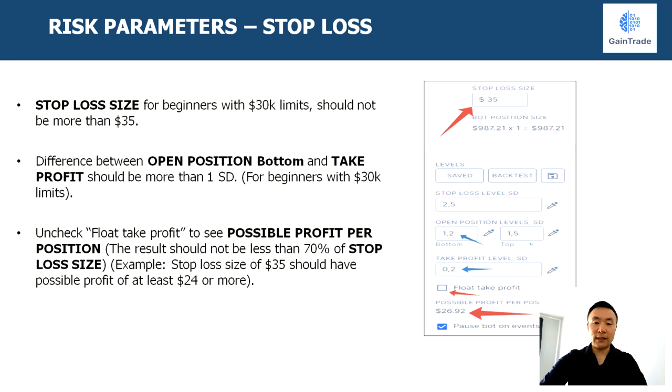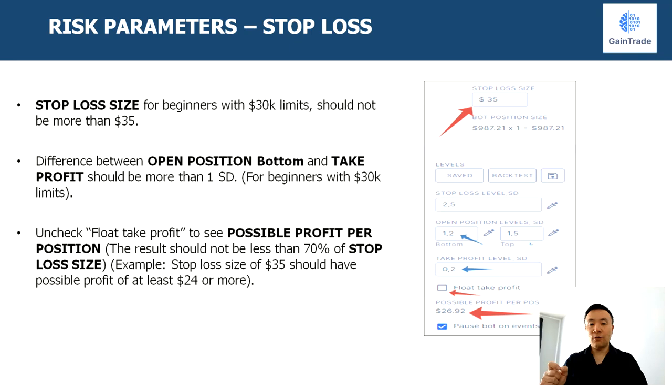The next window is the difference between open position bottom and take profit. The take profit should not be more than one standard deviation. Again, this is for beginner accounts with limits of $30,000.